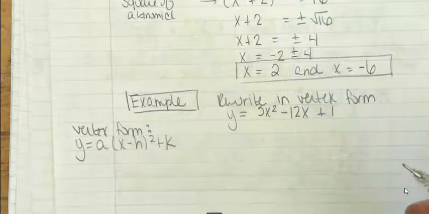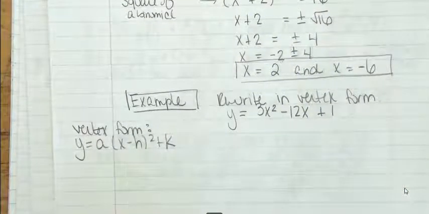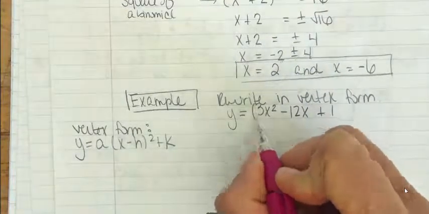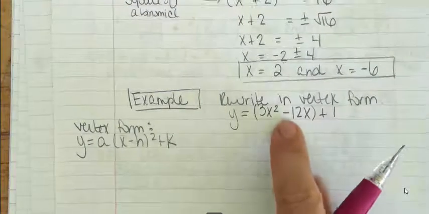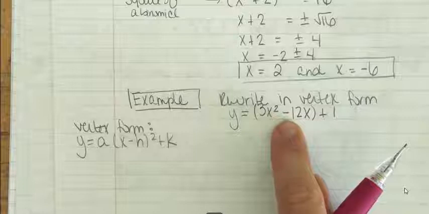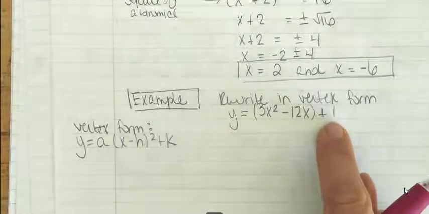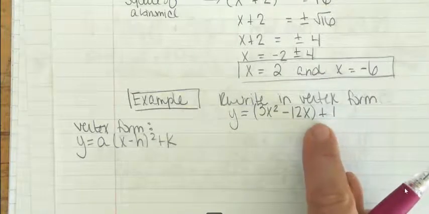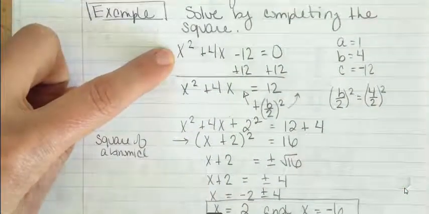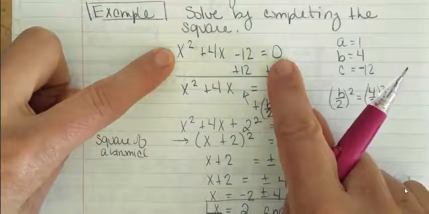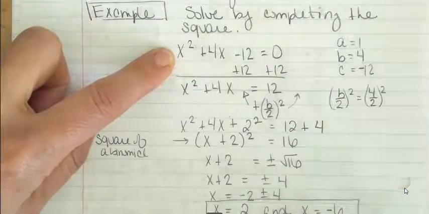So the first thing I'm going to do is group my x squared and my x terms, because that's what I'm going to complete the square on. So I leave that +1 out there. Now, the difference between this way of completing the square and the other way, notice the other one is set equal to 0, so you're looking for your x-intercepts.